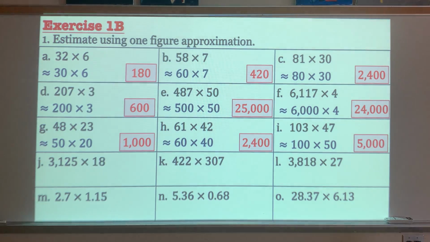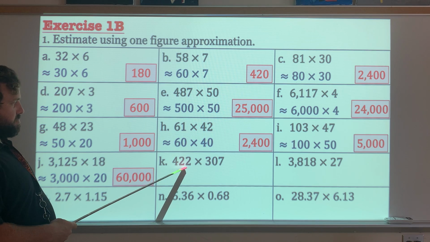Right? This one right here, 3,000 times 20, 60,000. 400. 300.